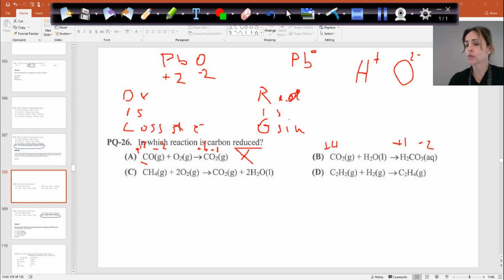So I have 2 hydrogens, so total positive is +2, right? Because I have 2 of them. And I have 3 of the oxygens. So -2 times 3, that's -6. What do I need to add to +2 so that plus 2 plus something else minus 6 equals 0.